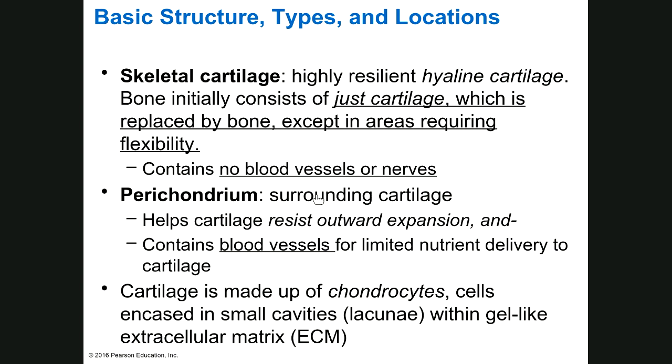Okay, and so this area does contain blood vessels, so that we can get a limited, and limited is really a key word there, delivery of nutrition to the cartilage by way of the blood vessels in the perichondrium. But guess what? It's not going to be much. All right, the cartilage is really not going to get a whole lot from these blood vessels, very limited, and that explains partly why, you might recall, cartilage does not heal very well on its own.